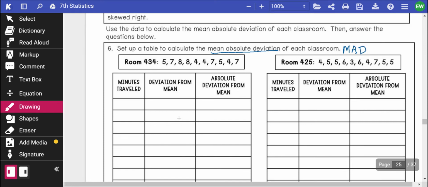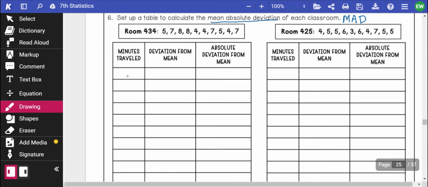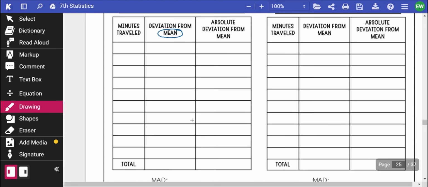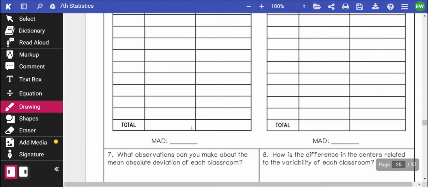So you're going to set up minutes traveled right here, deviation from the mean, so you're going to have to find the mean, and then the absolute deviation from the mean. Then you can plan your MAD. You are not going to have anything in this or this. So do not mark anything in these boxes here.